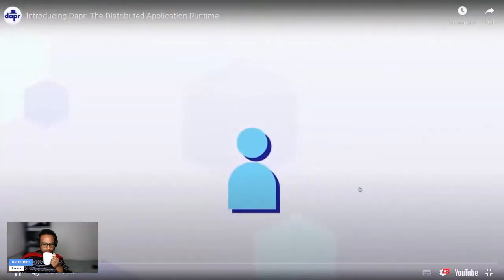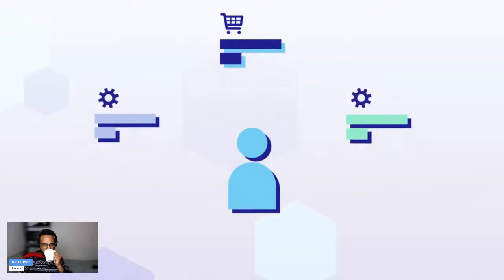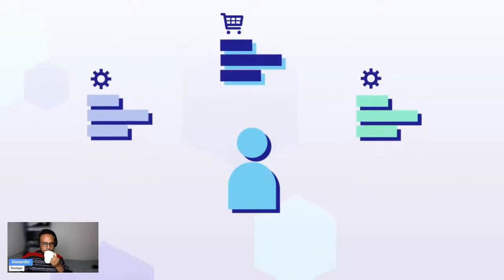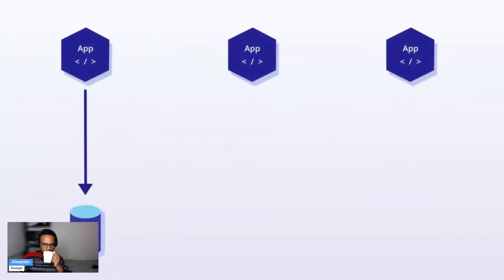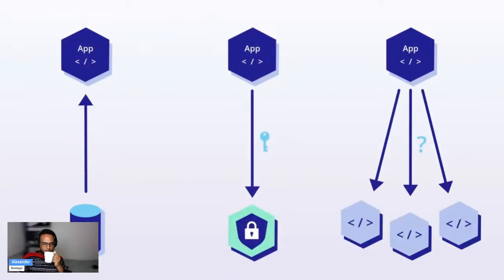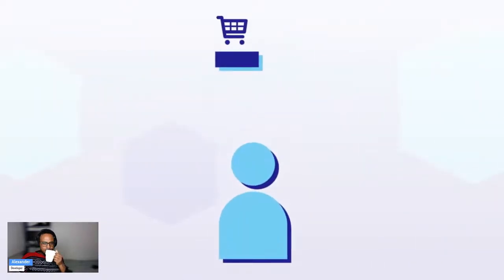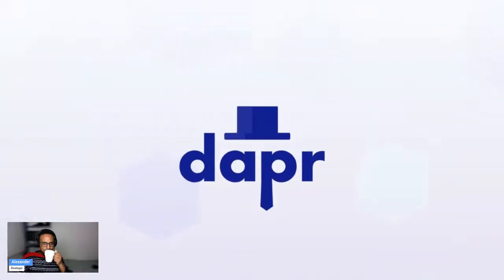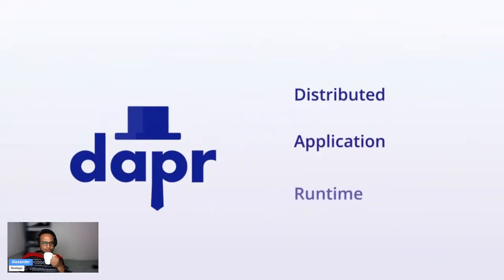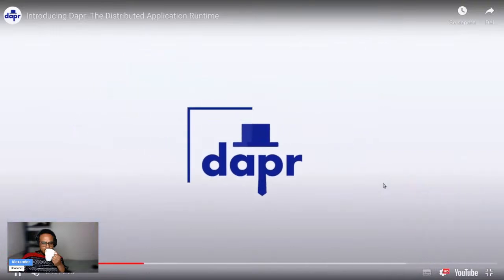As a developer, you're asked to create resilient, scalable, distributed applications as microservices. But you face the same challenges over and over again. Challenges such as recovering state after failures, managing secrets, or discovering and securely calling other microservices. What if there was a solution that allowed you to focus only on building your application and not solving these distributed system challenges? That's where Dapr comes in, the Distributed Application Runtime. It's an event-driven, portable runtime for easily building microservices on cloud or edge. Dapr meets you where you are today.